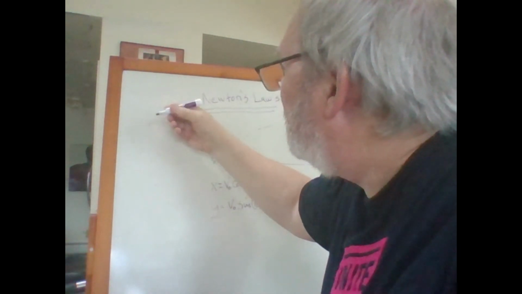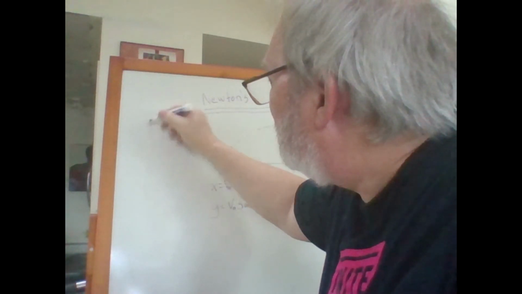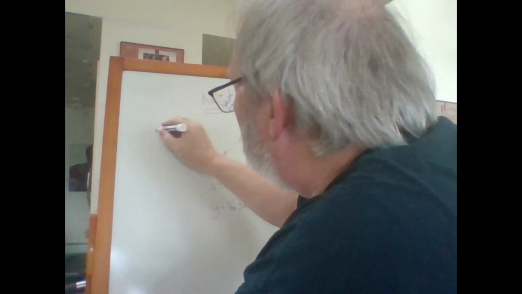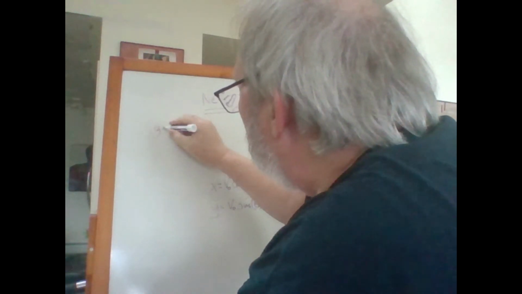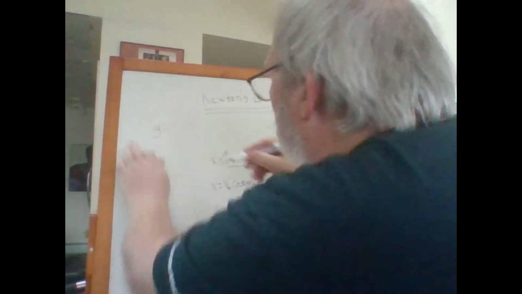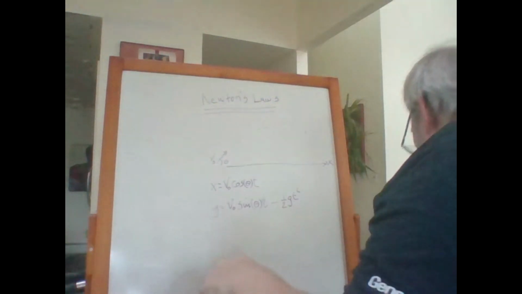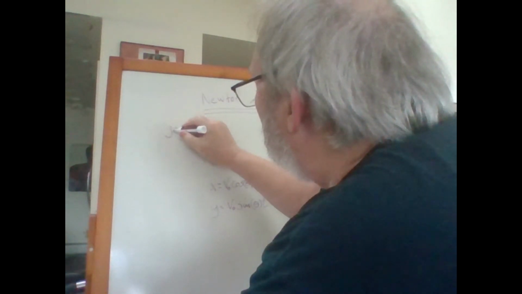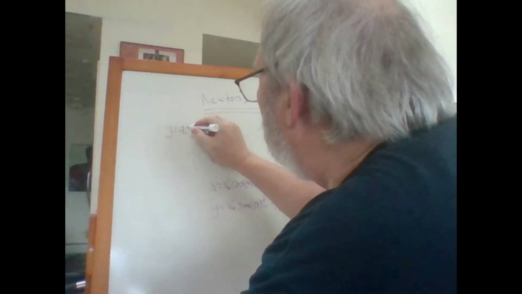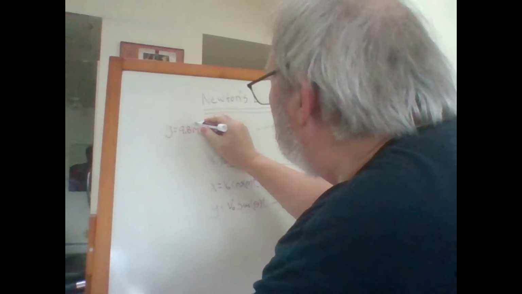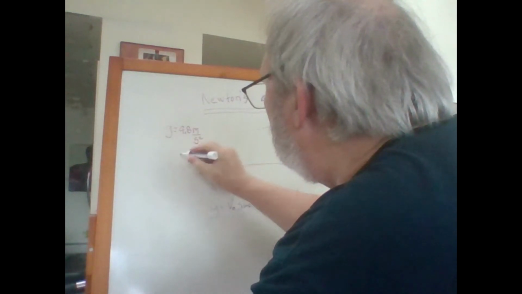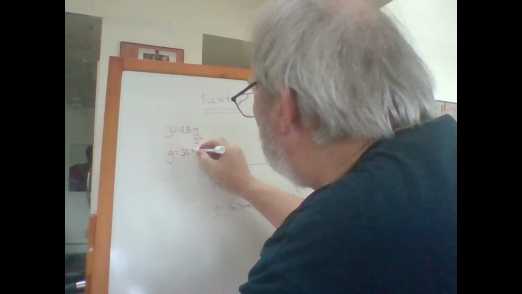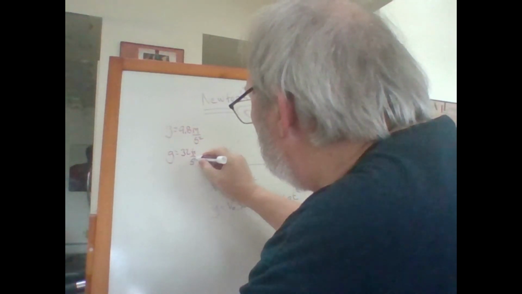G, the gravitational constant. G equals 9.8 meters per second squared, and G also equals 32 feet per second squared.